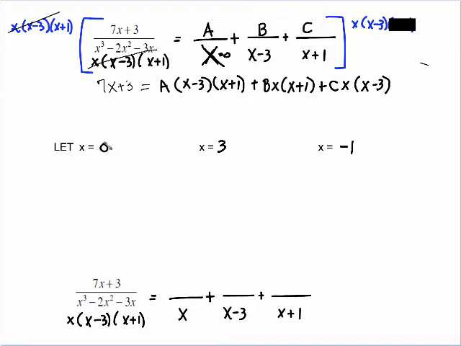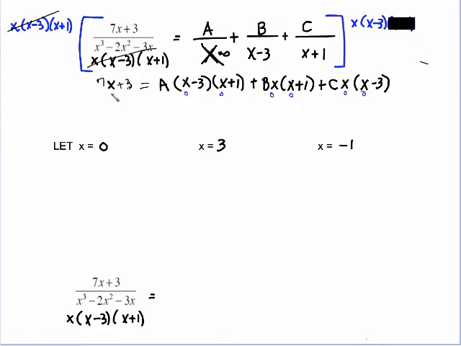So if I let x equal 0, I'm putting 0 in for all of these x's, and a lot of stuff's going to cancel out. 7 times 0 plus 3 is 3 equals, put 0 here, 0 minus 3 is -3, 0 plus 1 is 1. So this is A times -3 times 1, which is -3A.